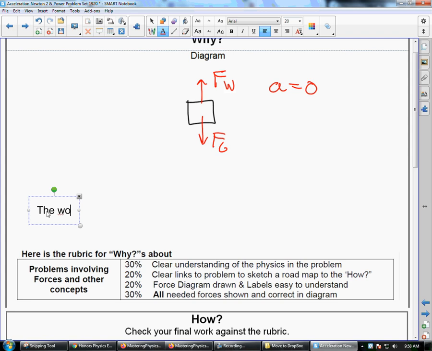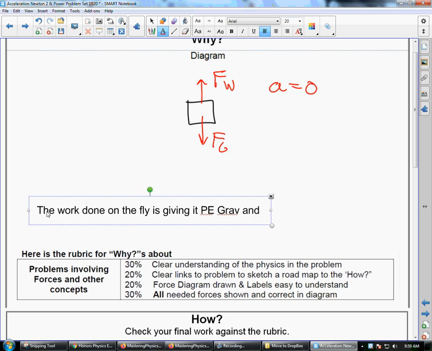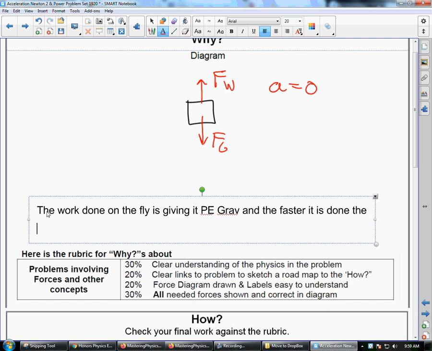And that's why we have to incorporate that the work done on the fly is giving it PE grab, and the faster it is done, the more power needed.